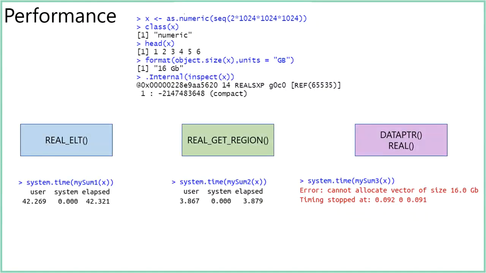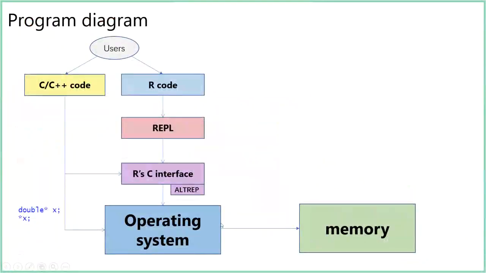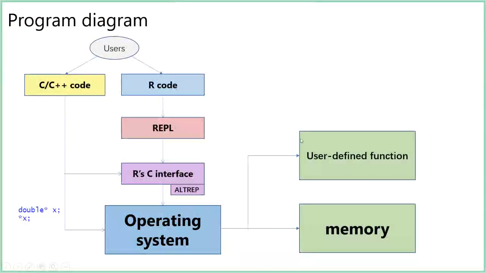Yeah. So before I go to your second question, I just want to add one more point here. If your data is able to be read in parallel, as this diagram shows, and you are able to load it in parallel, you could implement it in the Altrep package, and actually the operating system is able to load your data in parallel.